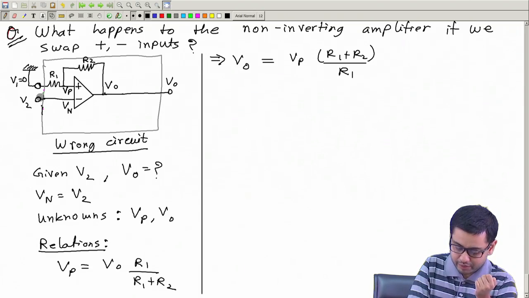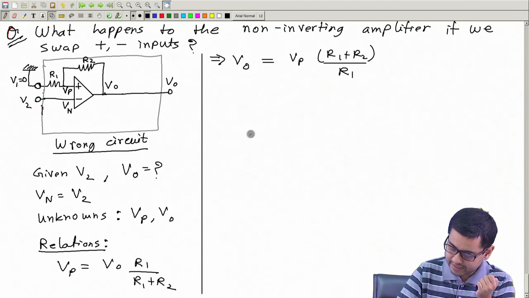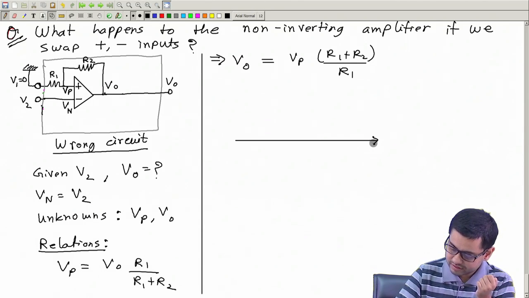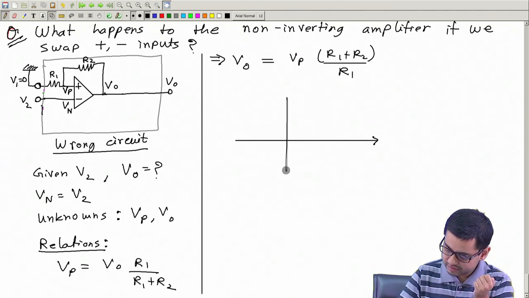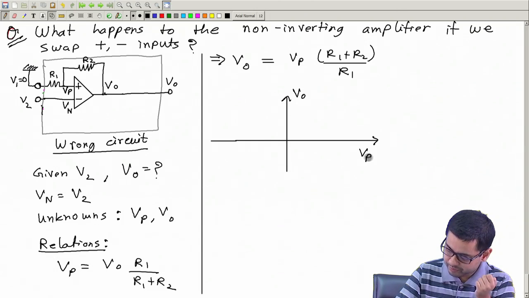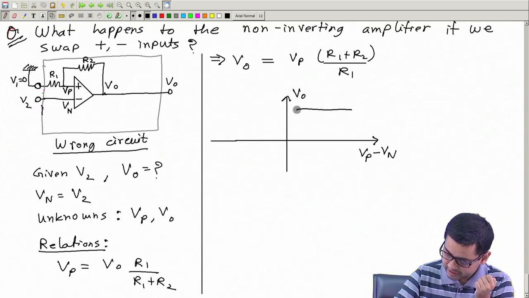And the other relation comes from the op amp, that is the static characteristic. Let's draw that. So we have VO, this is Vp minus Vn, and the characteristic as always is like this.